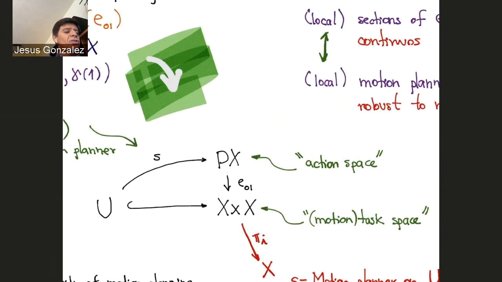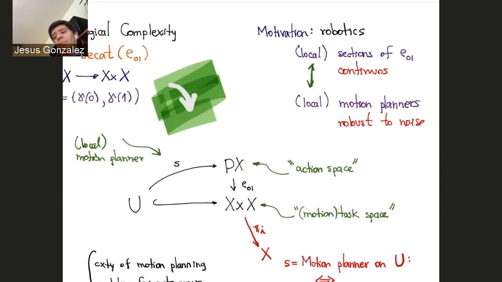And having a section, or a local section, would be having a rule that assigns to each task of the robot an action that solves the task. Then you are looking for the minimal number, minus 1, of these local sections, and that number would be just the topological complexity.